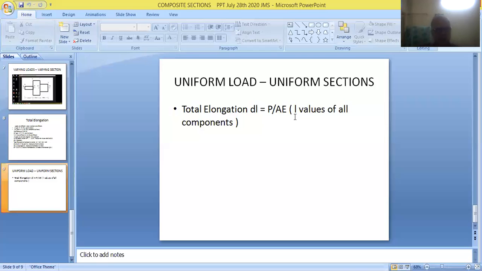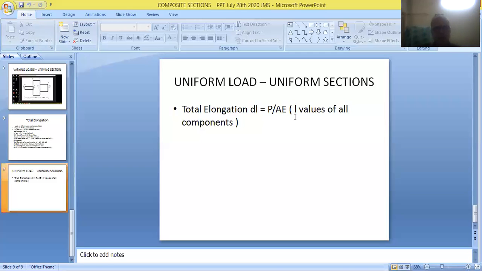So friends, these are the four topics. Composite sections are classified into four categories. We get problems on these topics, so do not get confused among them. Different rules, different formulas and different equations are to be used for solving problems on different topics.